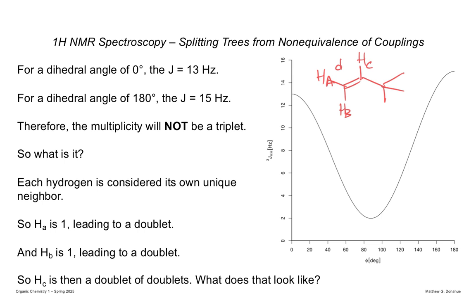HB is its own unique neighbor, so that's 1. 1 plus 1 is 2. This is also a doublet. So that means HC is reported as a doublet of doublets, or DD. One doublet is 15 hertz, the other doublet is 13 hertz.